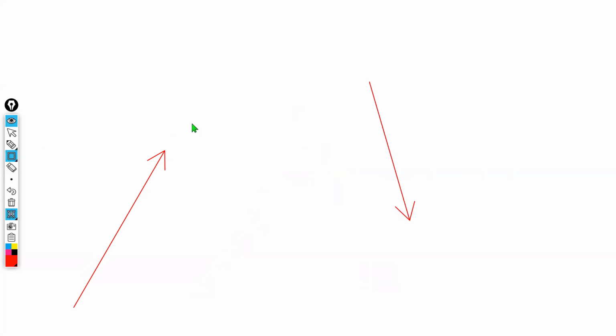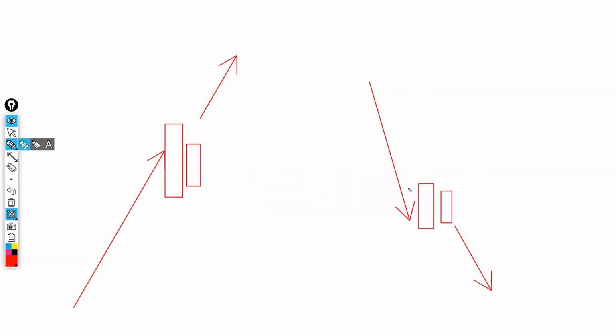This is simply a continuation, and this means a downward trend. It can either be like this or like this.